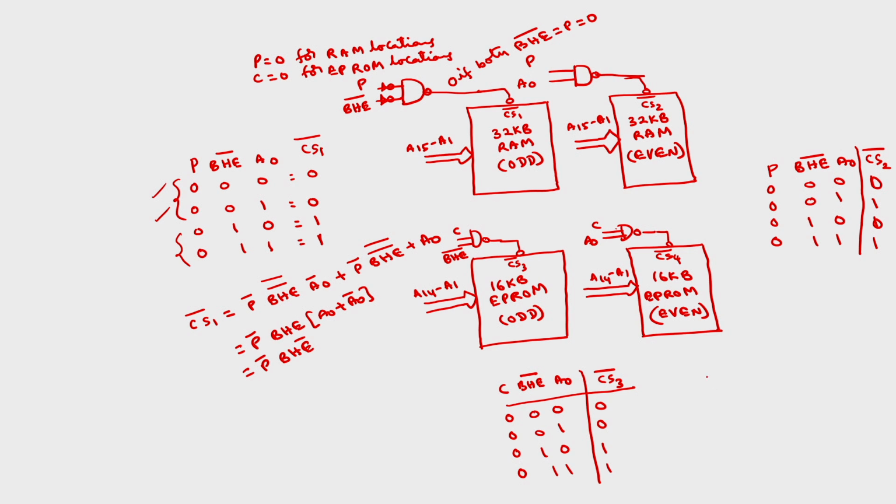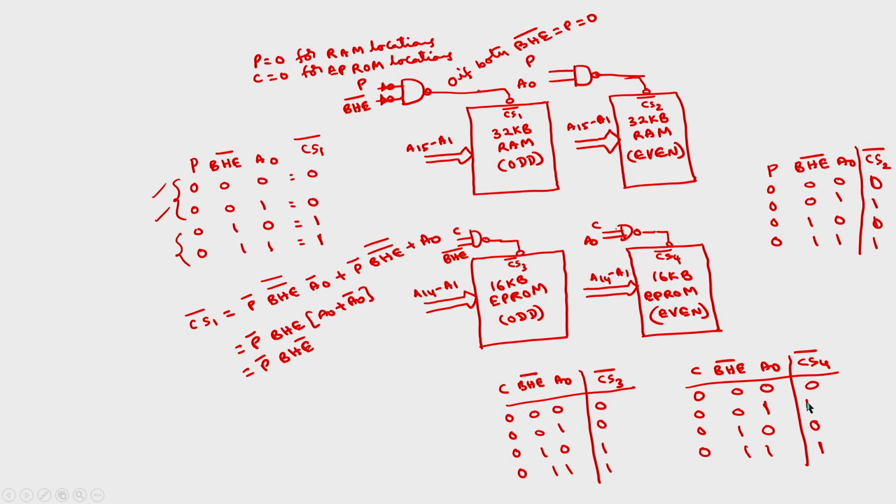Similarly, for CS4 bar, we can write C, BHE bar, A0, CS4 bar, which should be 0 for EPROM. 0 0 means both the banks, so this has to be selected. 0 1 means the high bank only, odd bank, so the even bank will not be selected, meaning 1. 1 0 means only the lower bank, which is the even bank, so this has to be selected. 1 1 means no bank is selected.